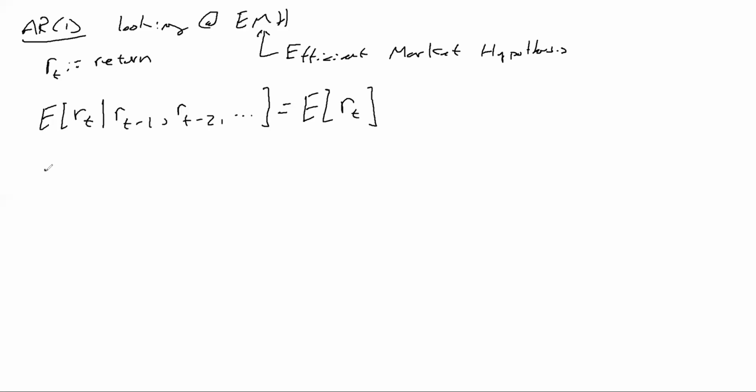Our null hypothesis is that the coefficient for last week's return is 0. Our alternative hypothesis is that the coefficient for previous weekly returns is non-zero. It's not 0. And for this, we assume constant variance, and we assume everything else that makes this work out.